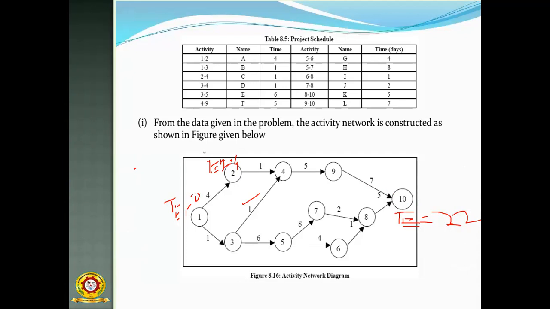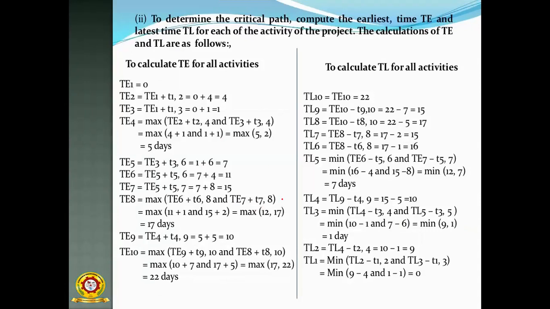Then the value is 12. After that 12 minus 5, that is 7, 7 minus 1, 6, and 6 minus 4, 2. Like this we have to find out the TL values also.